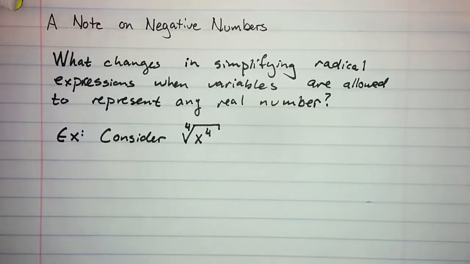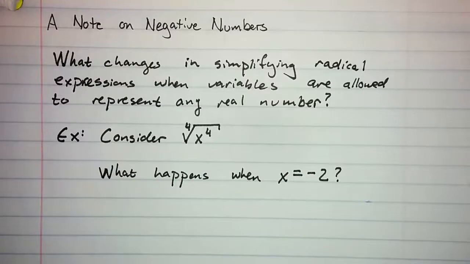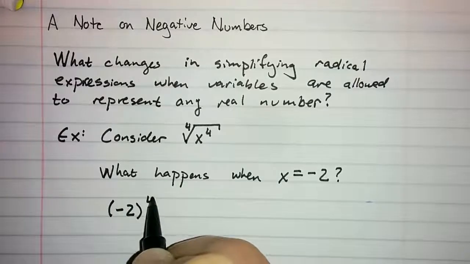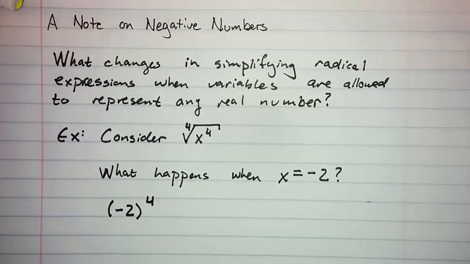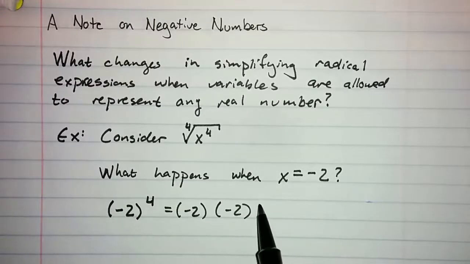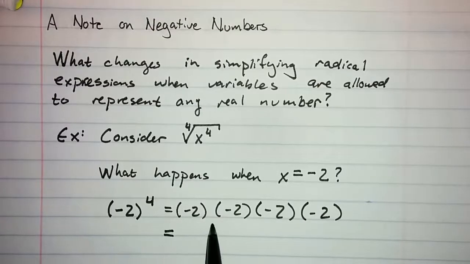Now, in particular, let's see what happens when x is negative 2. Well then, negative 2 to the 4th power is negative 2 times negative 2 times negative 2 times negative 2, which will be 4 times 4 is 16.